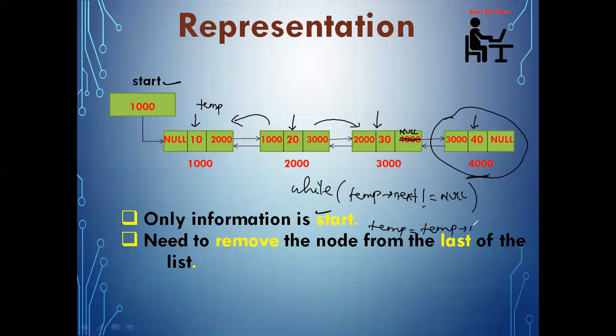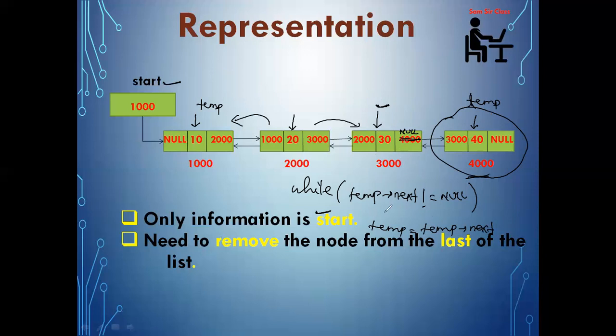Okay. So by doing this, temp can reach the end. There is no problem. But I need the address of this node also. Unless and until I get the address 3000, how can I make the next null?